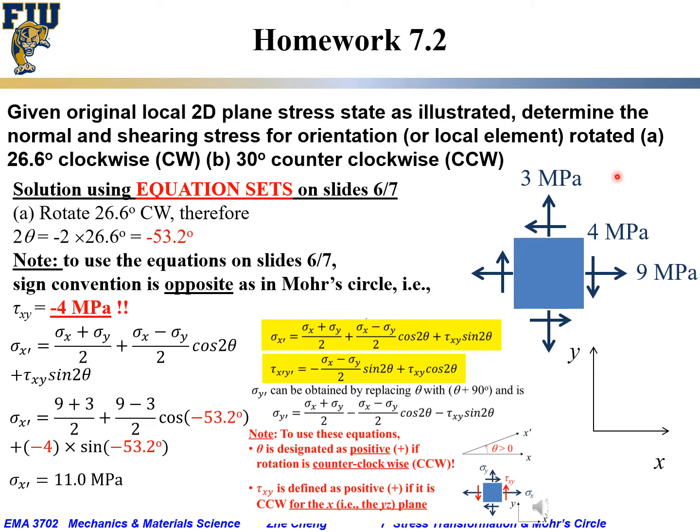For two scenarios, one is rotate clockwise by 26.6 degree, the other is rotate counterclockwise by 30 degree. You can solve this problem using either the equation set shown in lecture slides, or you can use the Mohr circle method. And I'm going to illustrate both methods.